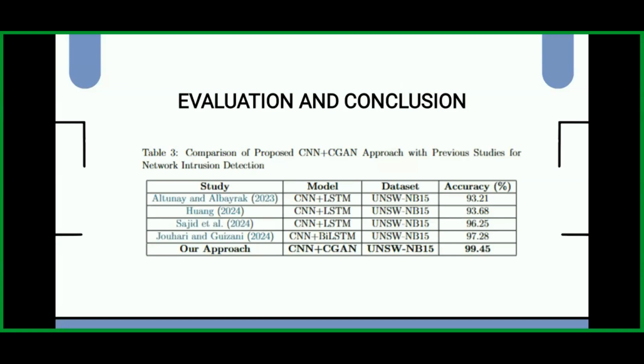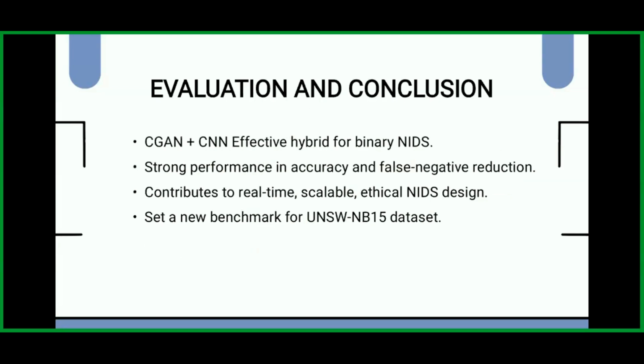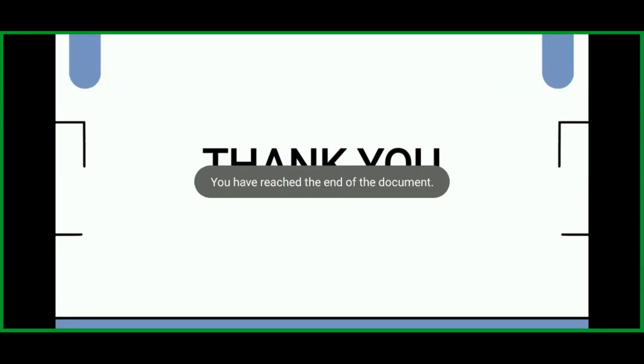That's why we picked and chose this model, to enhance not only the accuracy but also the FNR. So that was all about our research article which we submitted, and that was the work done by us. If you have any questions regarding this, you can ask.